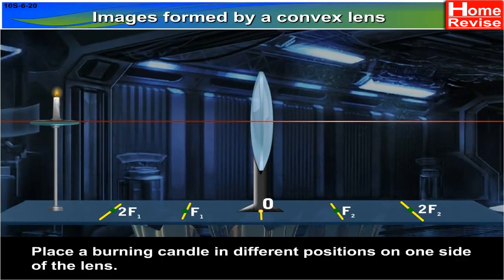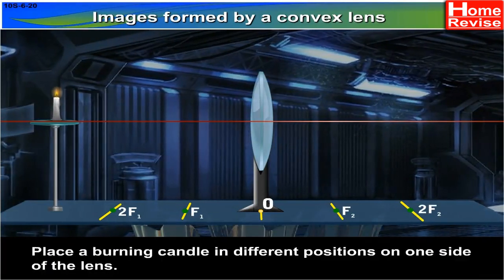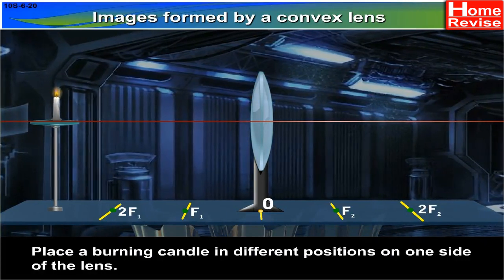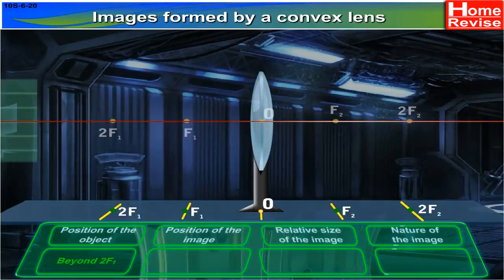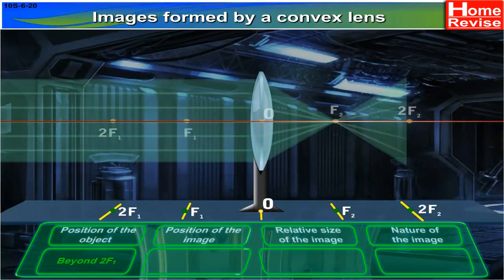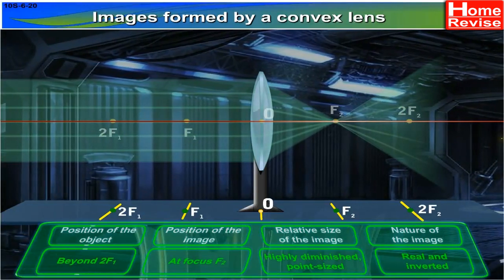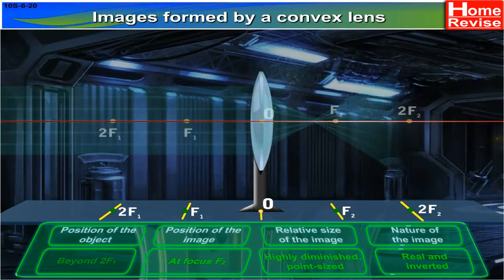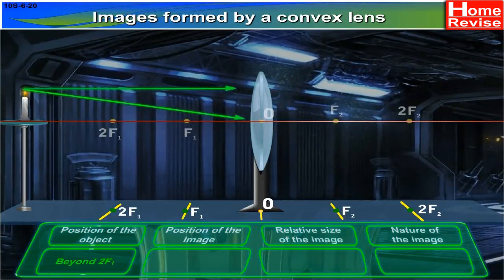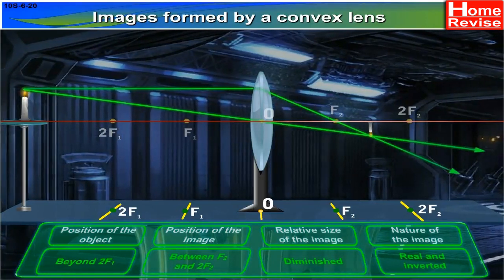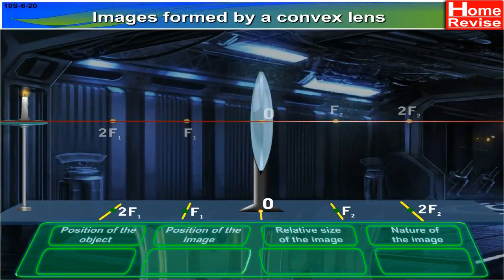Place a burning candle in different positions on one side of the lens. 1. Far beyond 2F1 to the left. 2. Just behind 2F1. 3.